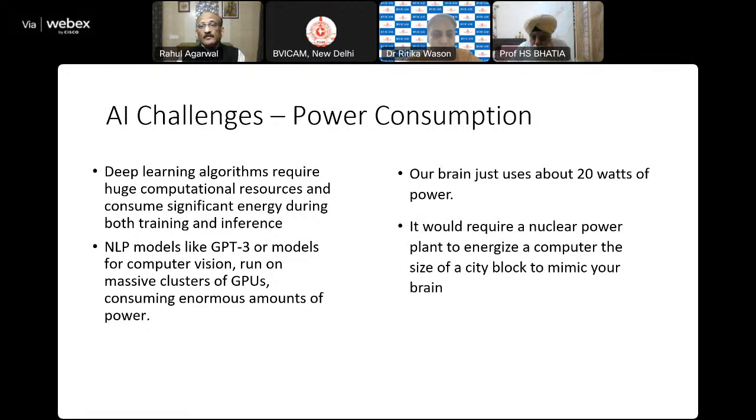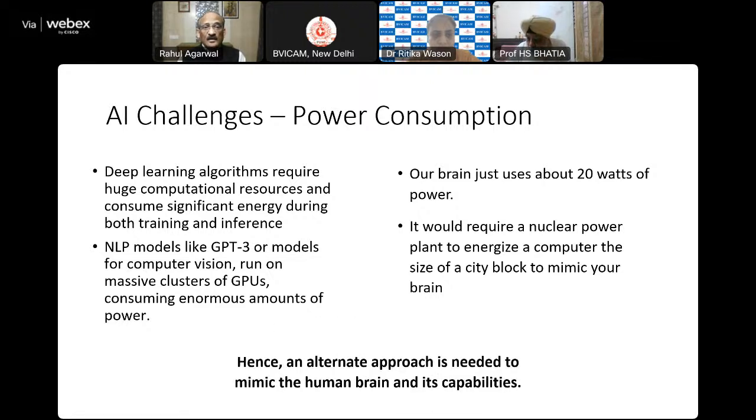And if we look at an estimate, if we have to create a similar kind of computer which has the same capability like a brain, it will be of the size of a kind of a city sector, and it will require a complete nuclear plant to energize such a computer. So that's a kind of challenge which we have in terms of the current way of computer architecture. So hence an alternate approach is needed to mimic the human brain and its capabilities.